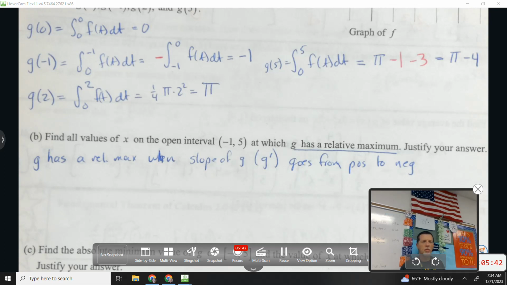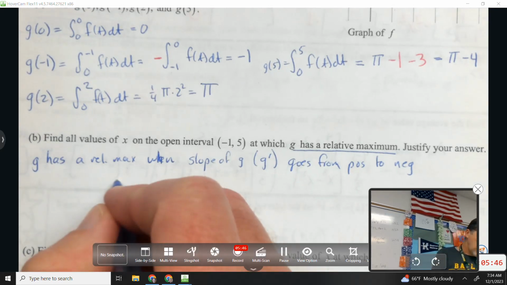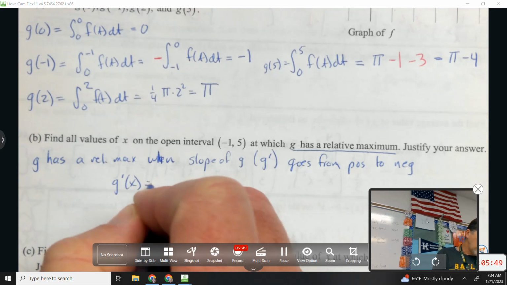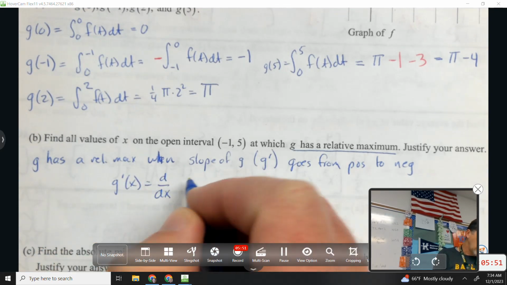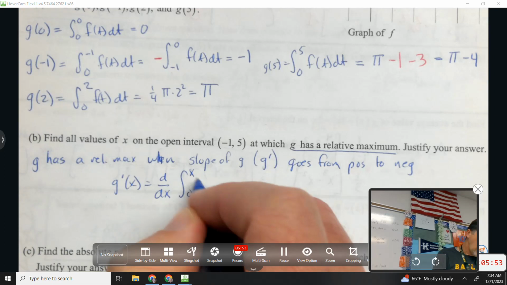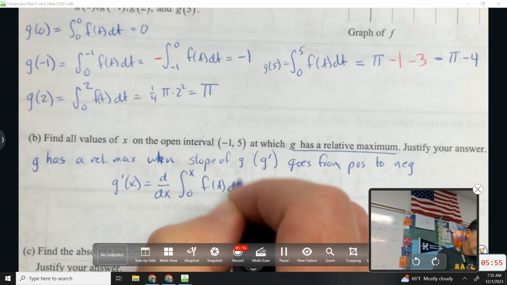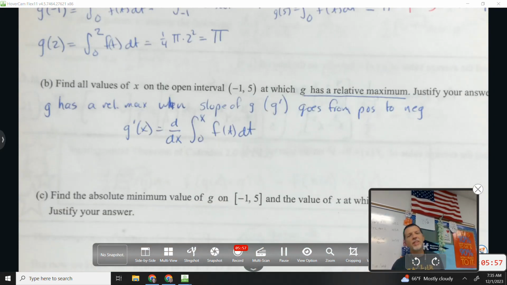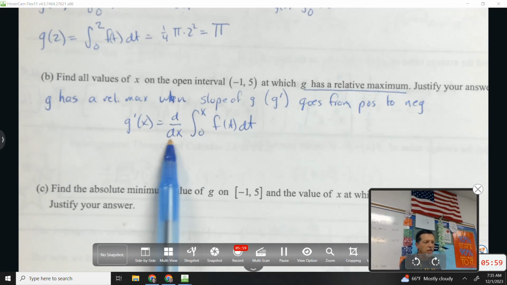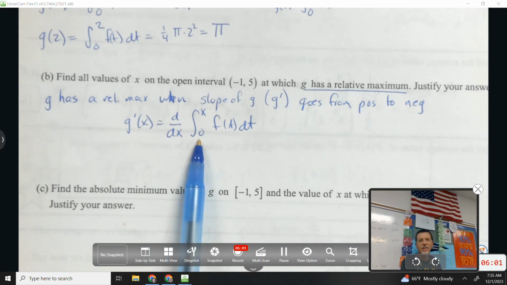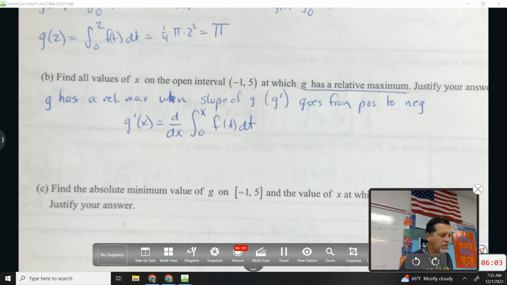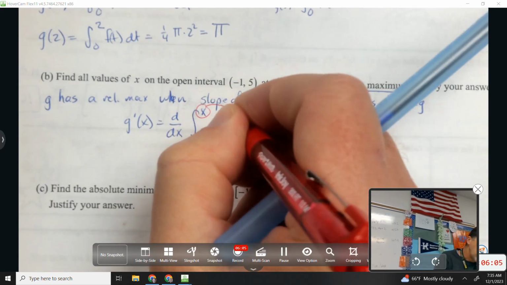Okay, so I need to know what G prime is. G prime means take the derivative of G. It's like, oh, we've done this before. The derivative of the antiderivative, so those cancel each other out. Plug in the top one.